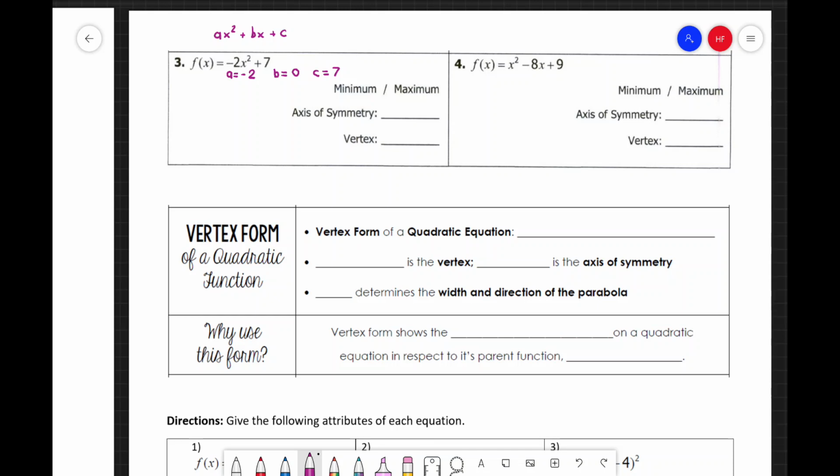So to find whether I have a minimum or maximum, I need to look at a. A is negative, so I'm not happy. I am a negative person. And negative means that there's going to be a highest point, so that is a maximum.